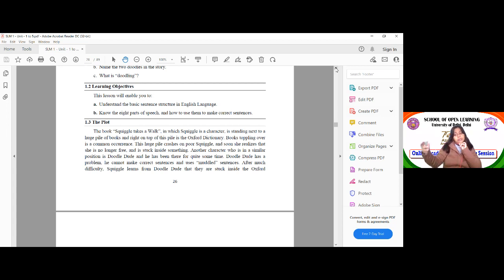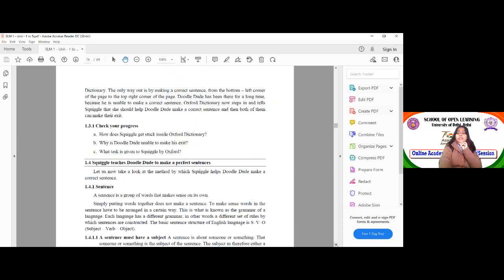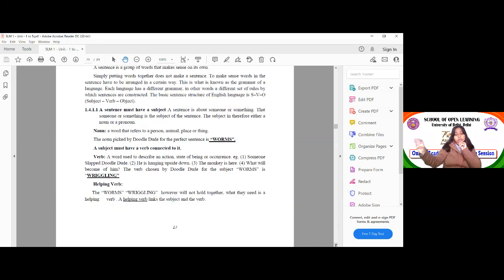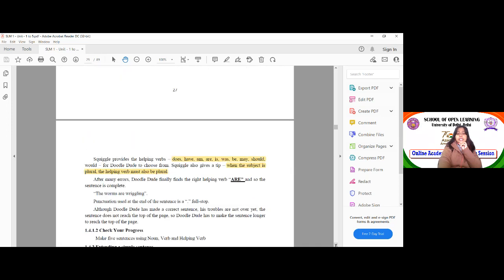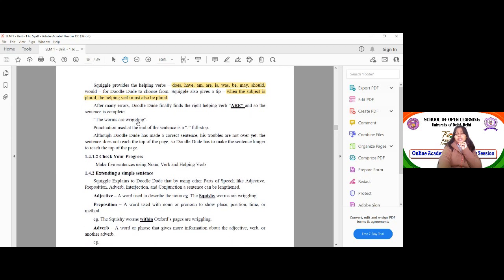Now, Squiggle starts helping Doodle Dude. With Squiggle's help, Doodle Dude forms the very basic sentence using a noun, a subject, a verb, a helping verb. So the sentence that Squiggle creates is this: the worms are wriggling.